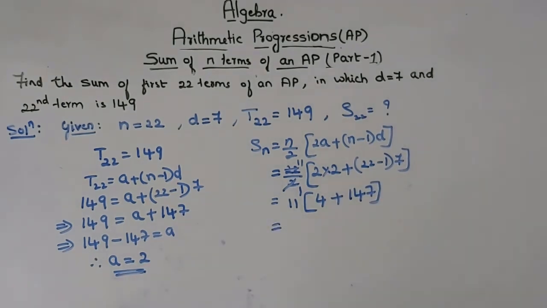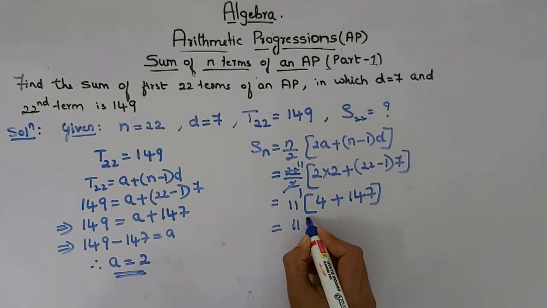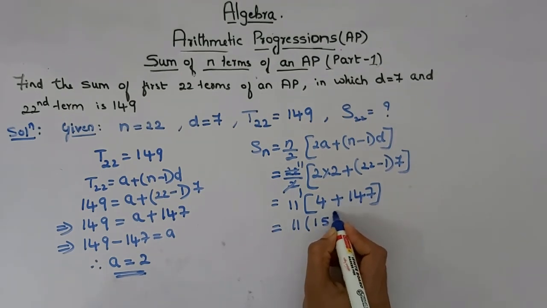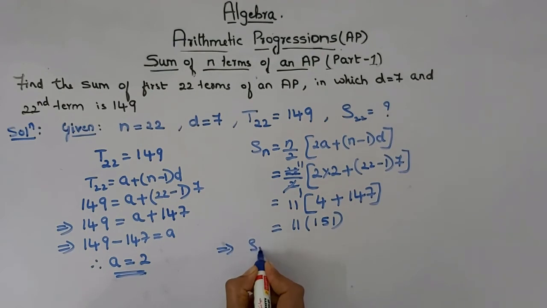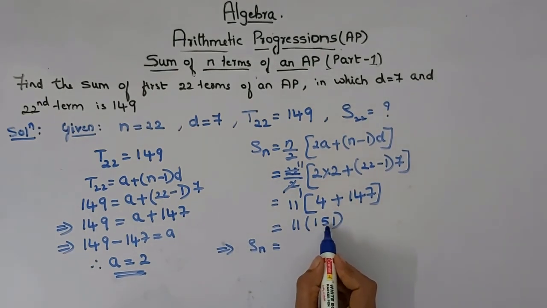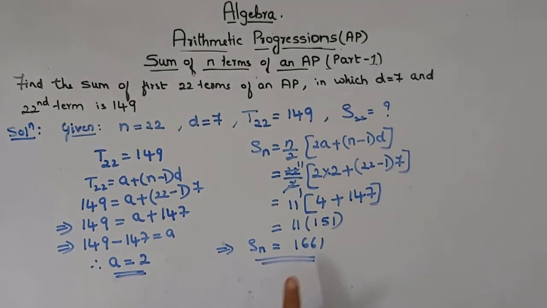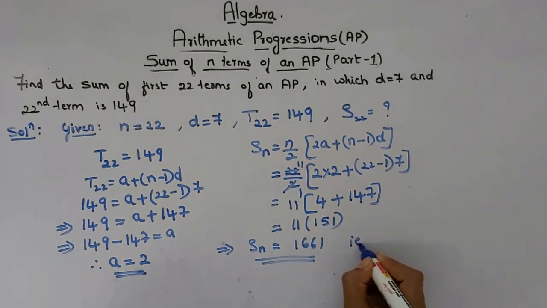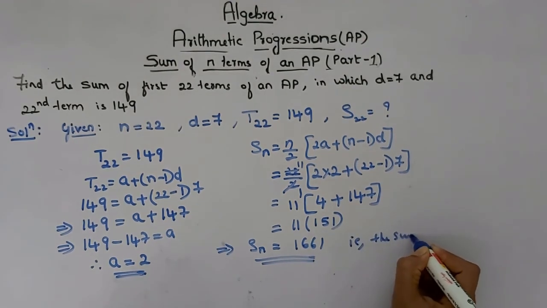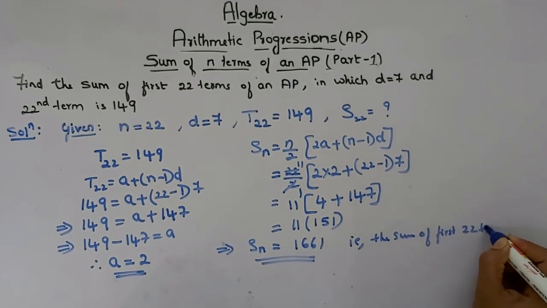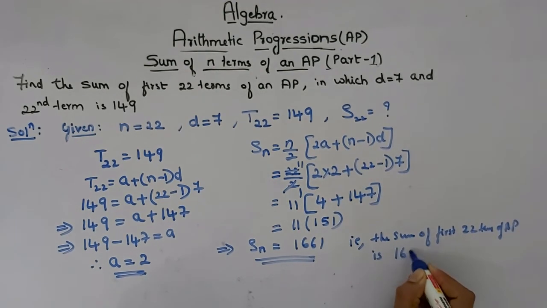Which is equal to 11 into 4 plus 147, that is 151. So Sn is equal to 11 into 151, which gives you 1661. So therefore your Sn is 1661. That is, the sum of the first 22 terms of the AP is 1661.